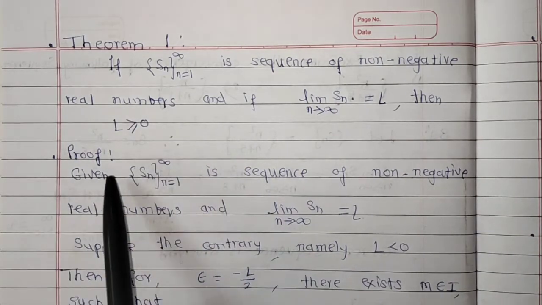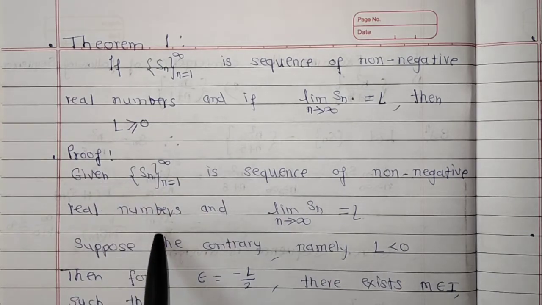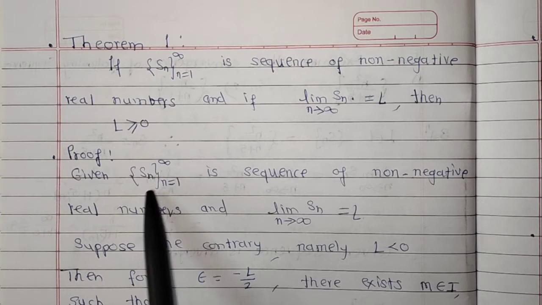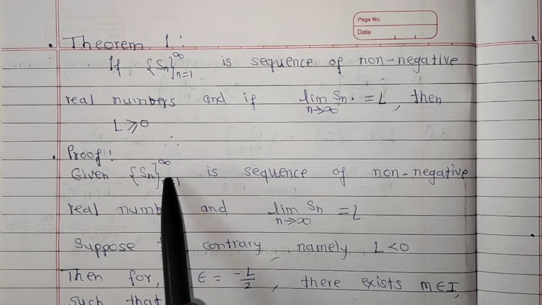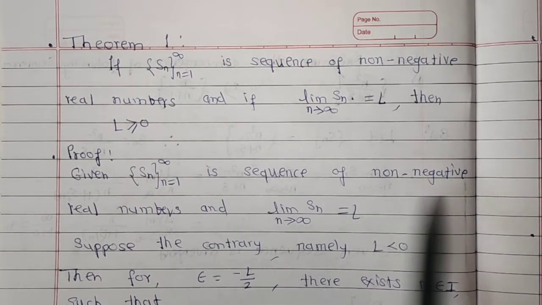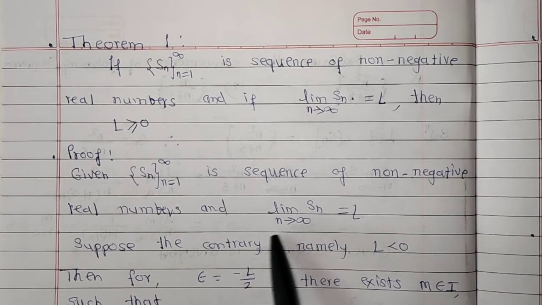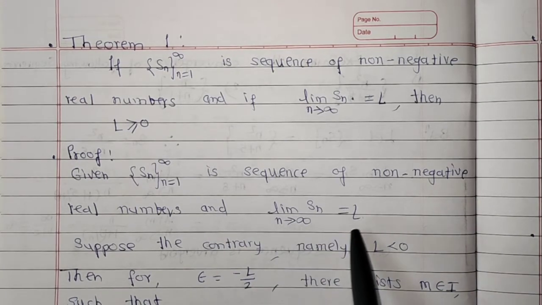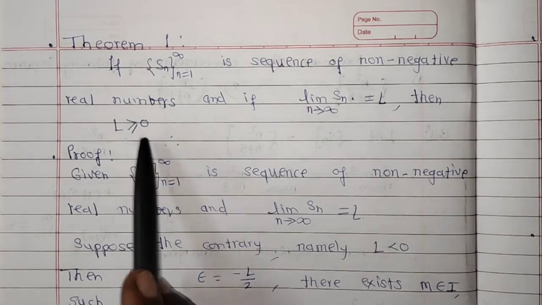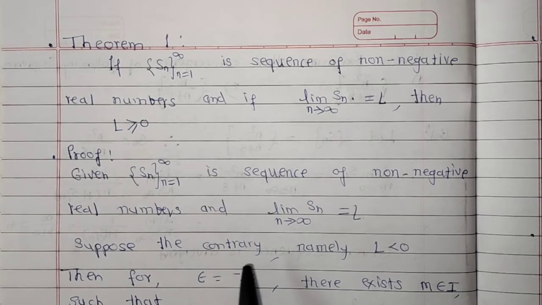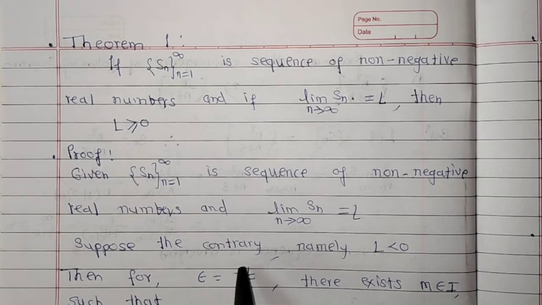Let us consider the proof of this theorem. We are given that the sequence Sn, n going from 1 to infinity, is a sequence of non-negative real numbers and the limit of Sn as n tends to infinity equals L. To prove that L is greater than or equal to 0, we prove the theorem using indirect proof.